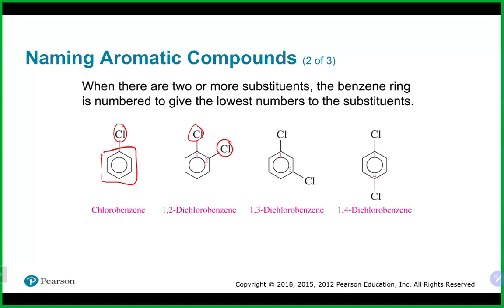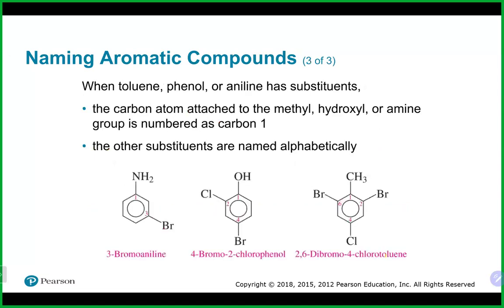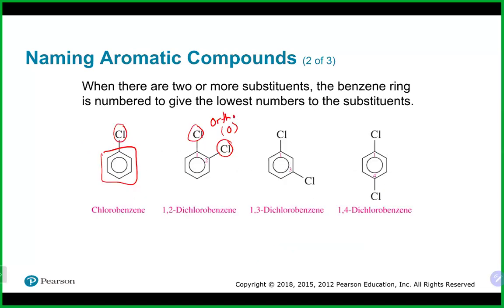By the way, the 1,2 positioning on a benzene ring also has a name that is sometimes referred to as the ortho positioning, or just O for ortho. So sometimes people will use ortho instead of the numbering and call this ortho or O-dichlorobenzene.